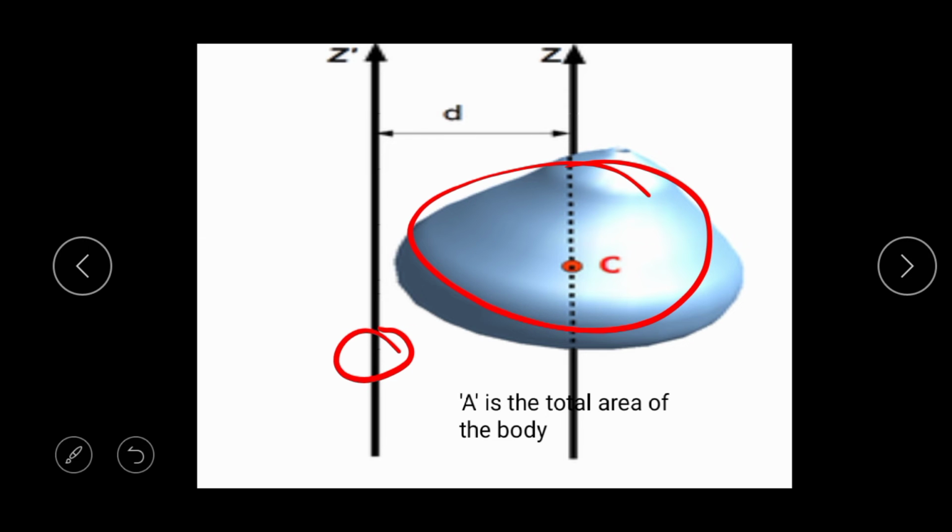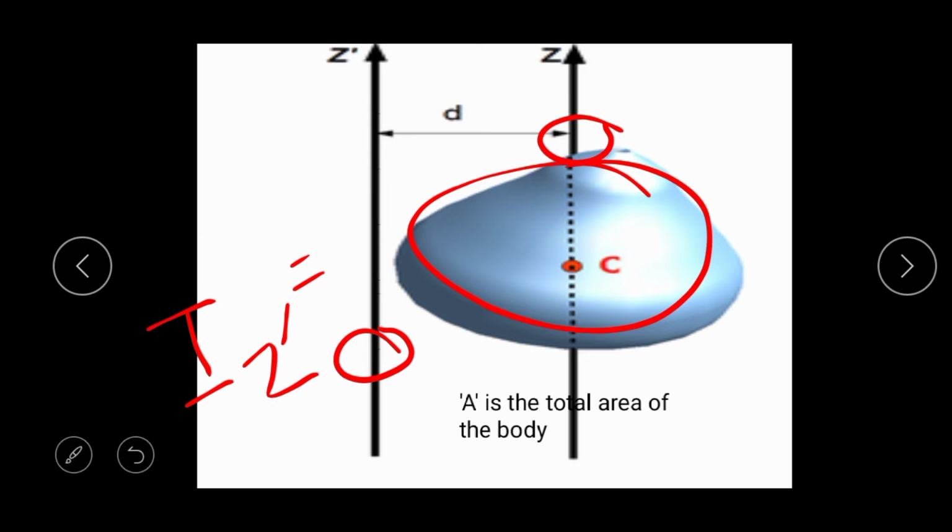For example, if the moment of inertia of this whole body is to be found about the z dash axis, which is not known to us, then we need to find whether z dash is parallel to any other axis. Yes, z dash is parallel to this axis z.